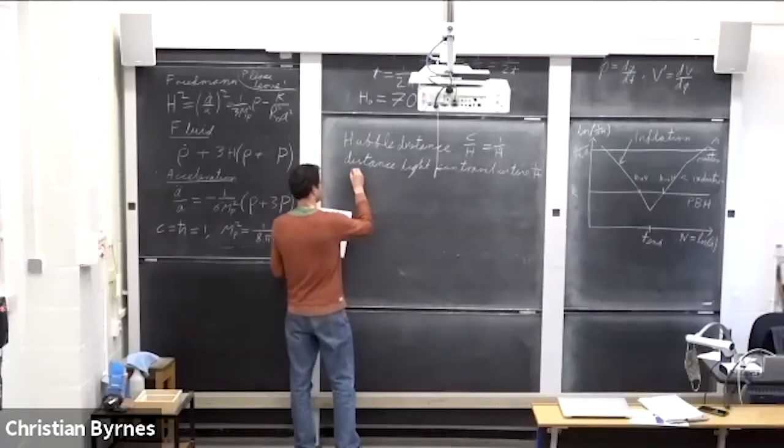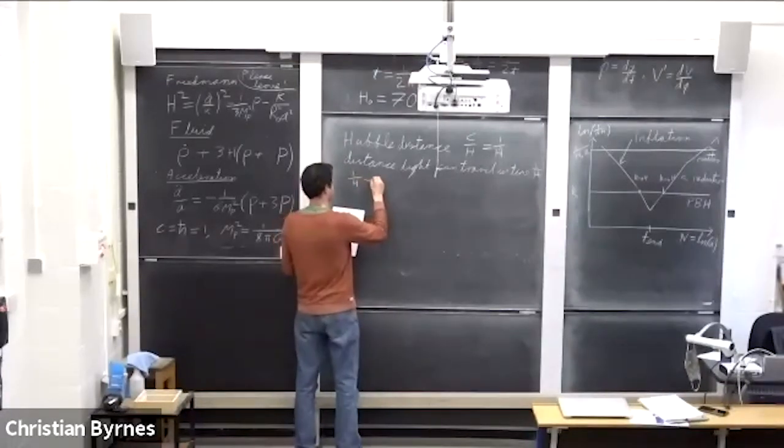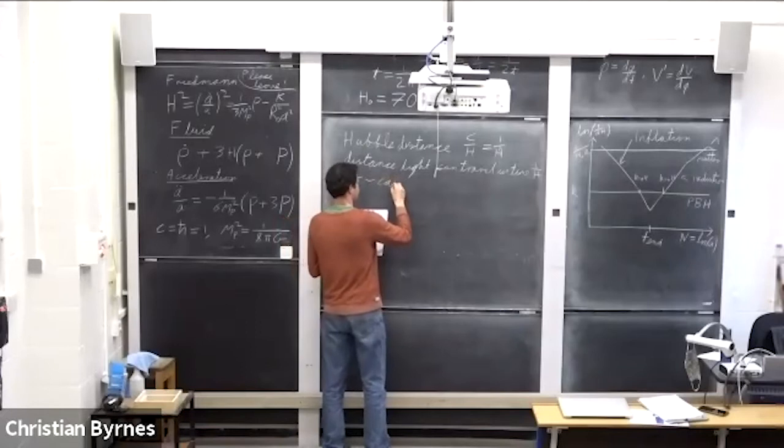So 1 over H is approximately the causality scale.